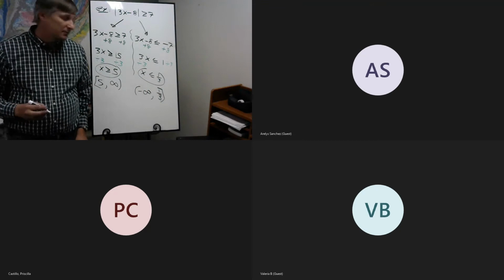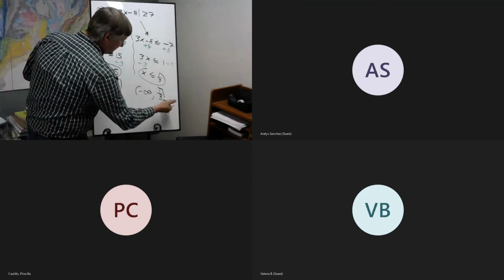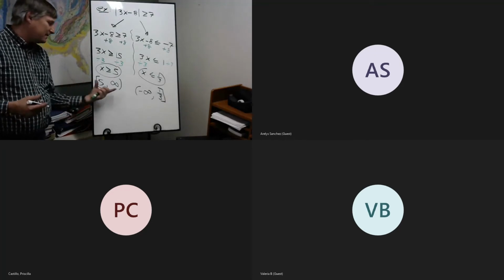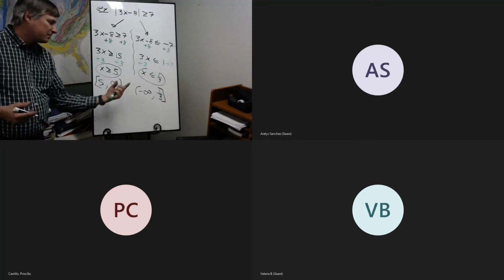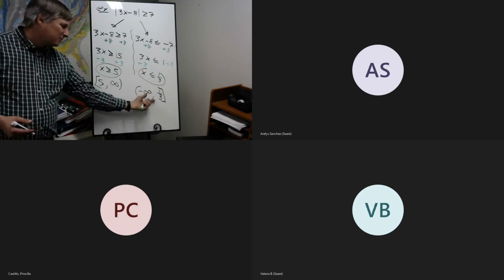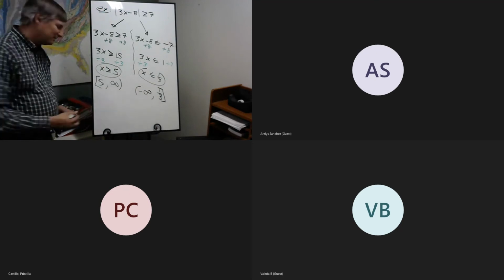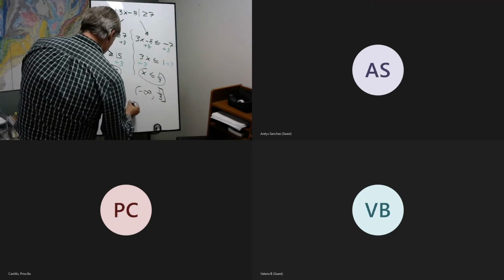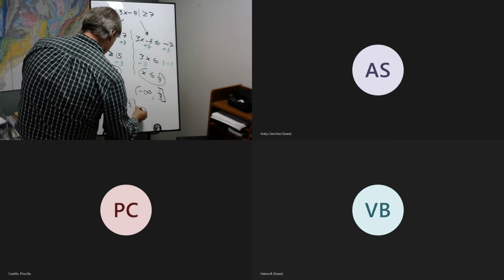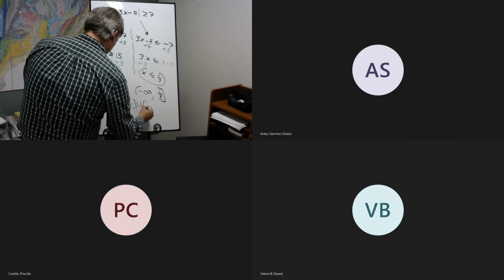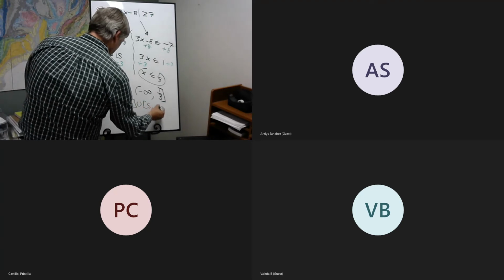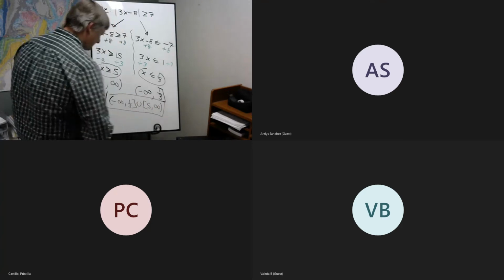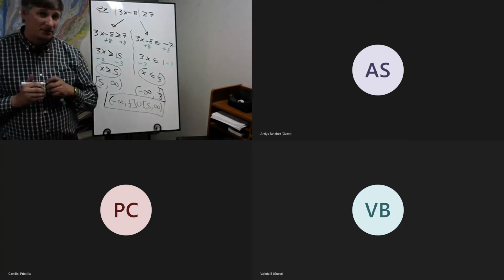So those are the two intervals. Now, the thing you want to be careful of is when we union these, we take the interval with the bigger numbers and we put it on the right. The interval with the smaller numbers we put on the left. And that's going to be our answer.